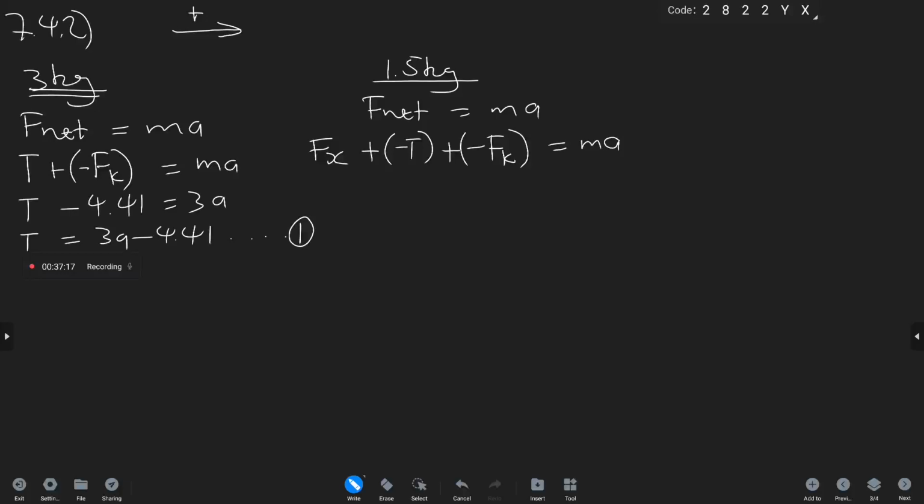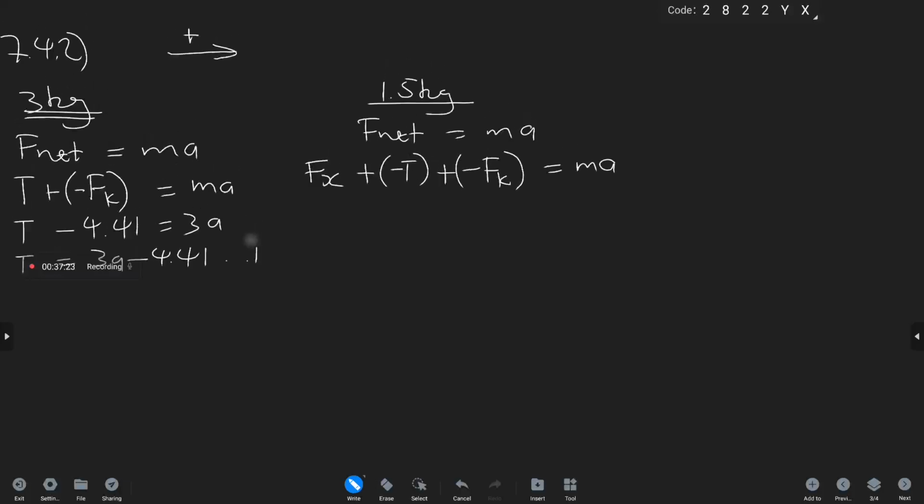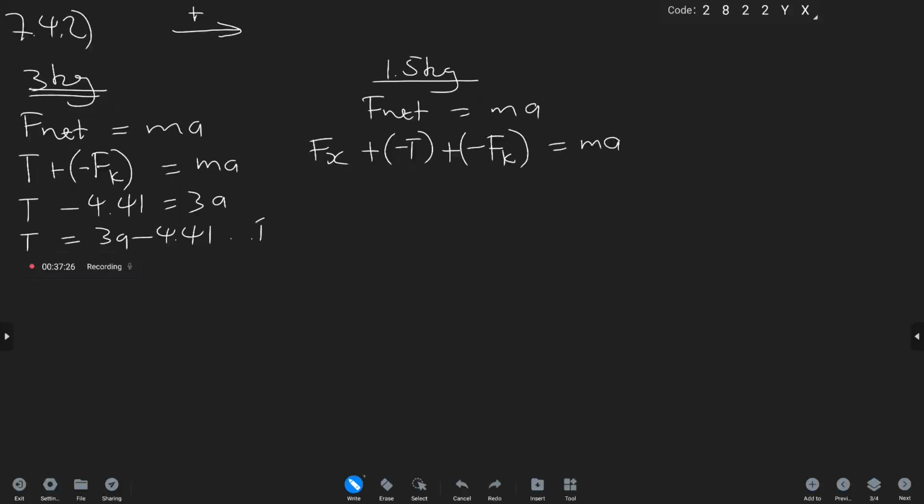Now we move on and look at the substitution. Fx is F cos theta, so the magnitude of F, as we have already seen previously. Let me just create space for the further calculation. Fx, from what we know, is going to be F, which in this case is equal to 25, cos of the angle, which is 30 degrees, minus tension, minus the kinetic frictional force for the 1.5 kg block as calculated in 4.1, which is 4.08.